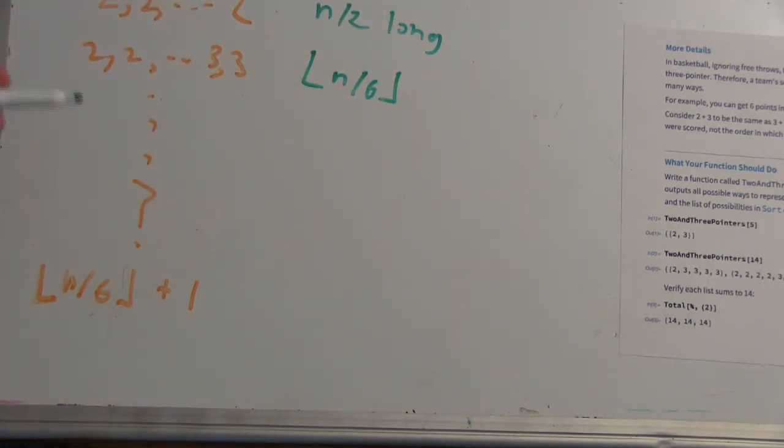Okay. And then you add the plus 1 because you have the starting case of all 2s. Yeah. Okay. Do you want to add anything to that? No, that sort of explains it.